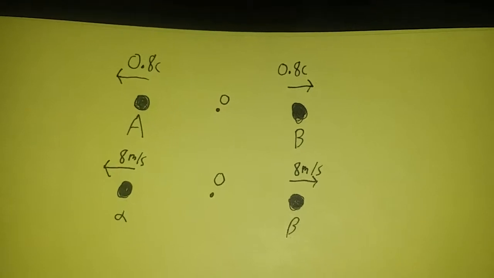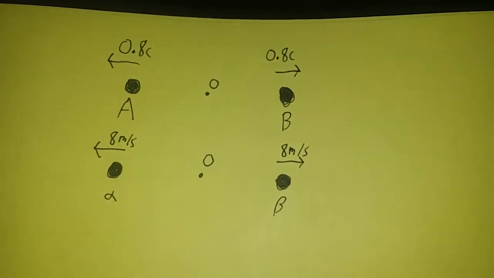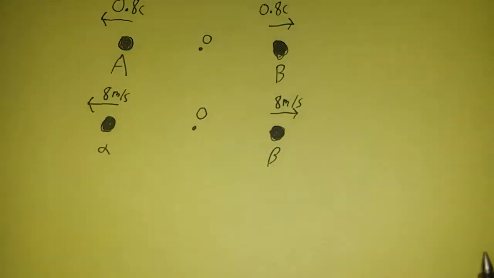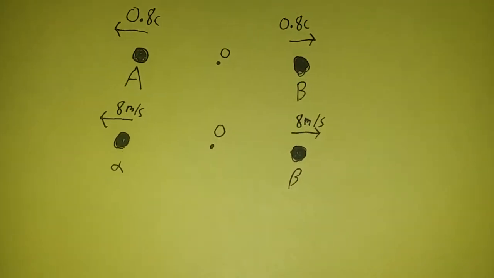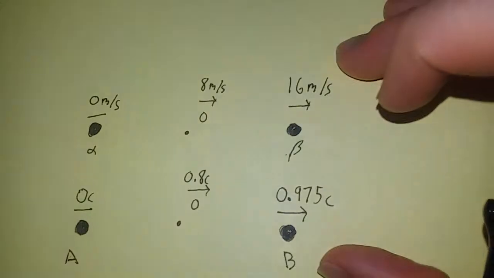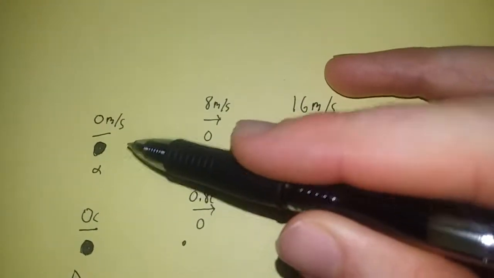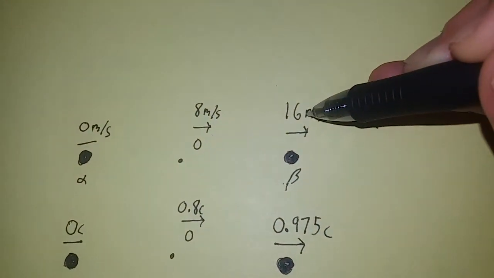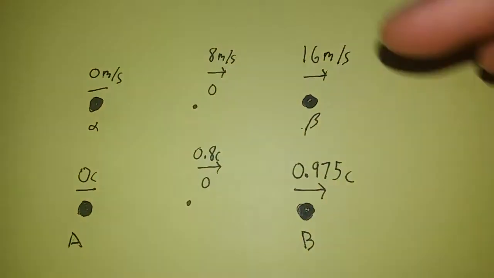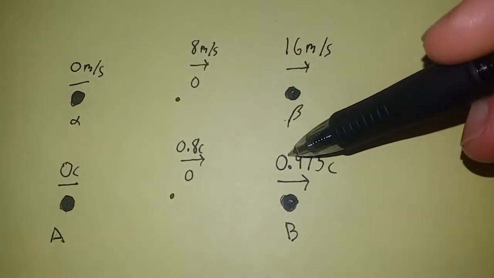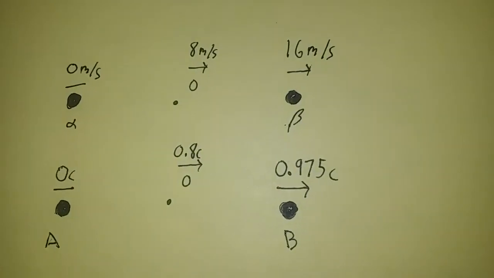So that does make quite a bit of difference compared to the regular motion, because with the regular motion with 8 meters per second, if both objects are moving away from each other at 8 meters per second, if we take that point to be stationary, it's going to be perceived as 16 meters per second. But with 0.8 c, the other object is perceived at 0.975 c.